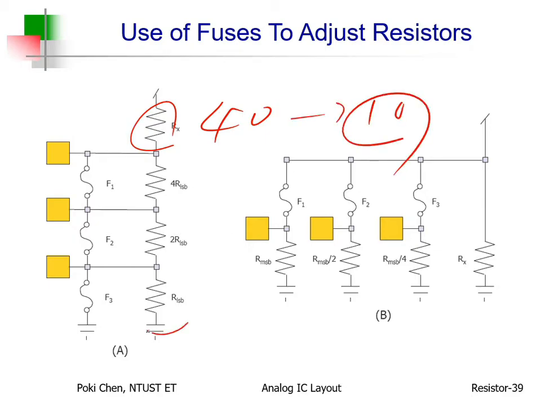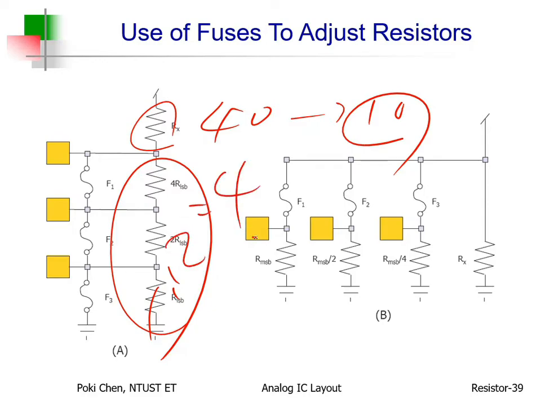And you usually have such a binary-weighted resistor array for calibration. Now, 1 to 2 to 4, with a very simple calculation, you will know which one needs to be left, which one needs to be shorted.